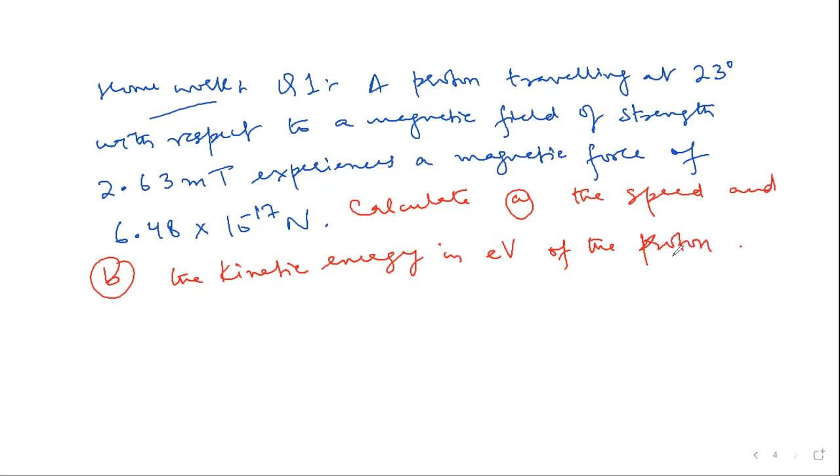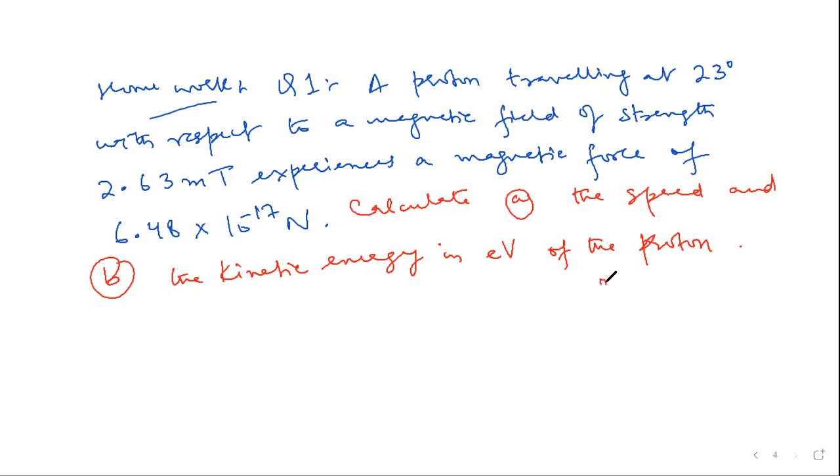I repeat, a proton traveling at 23 degrees with respect to a magnetic field of strength 2.63 millitesla experiences a magnetic force of 6.48 into 10 raised power minus 17 Newton. Calculate the speed and the kinetic energy in electron volt of the proton.